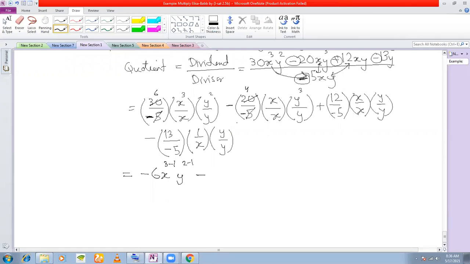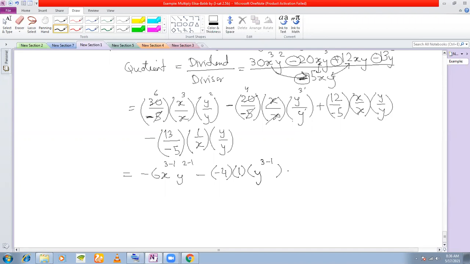But again, we have a minus sign here. We have minus 4. This x and x will cancel. Yes, you can always think of it in terms of cancellation. Let's use the laws of exponents. So you have x cancels, you get a 1. And you have y here to the power of 3 minus 1.